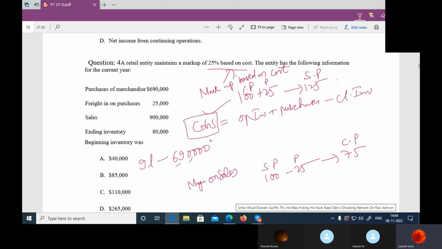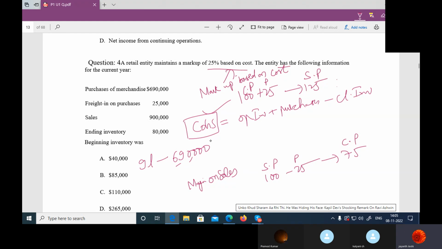But we can find out the cost of goods sold because they have given us purchases, and closing inventory is also there. They did not give the opening inventory, correct? Yes, sir.